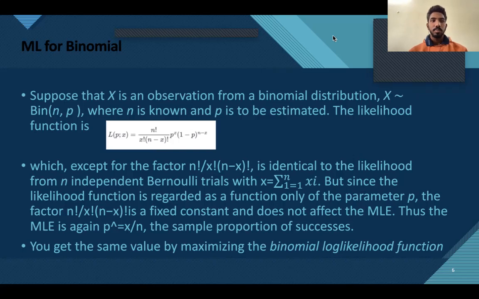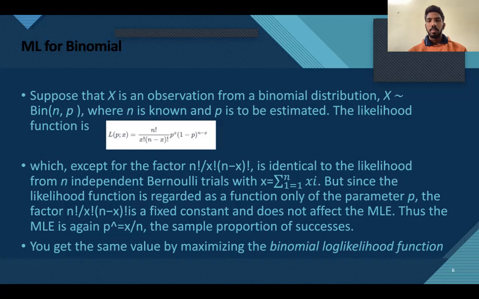ML for binomial. Suppose that x is an observation from a binomial distribution (n, p), where n is known and p is to be estimated. The likelihood function is L(p; x) equal to n factorial by x factorial (n minus x) factorial, p power x, (1 minus p) power n minus x, which, except for the factor n factorial by x factorial (n minus x) factorial, is identical to the likelihood from n independent Bernoulli trials with x equal to the sum of xi from i equal to 1 to n.